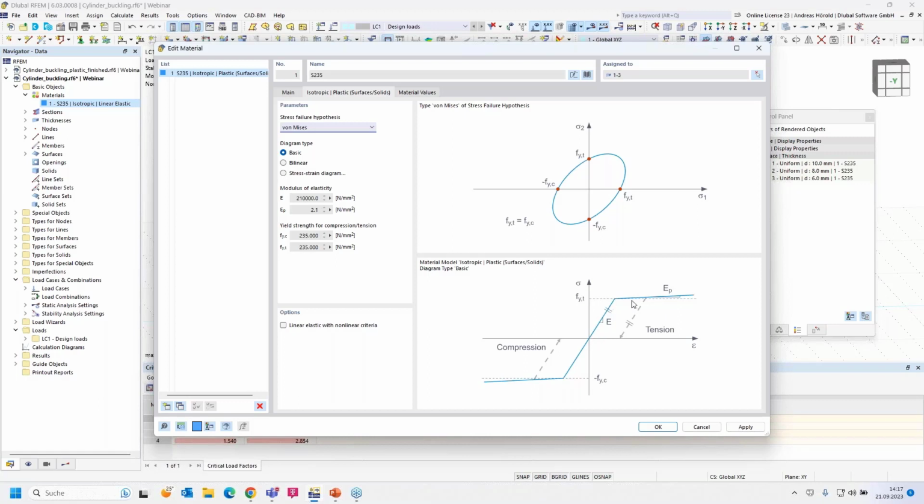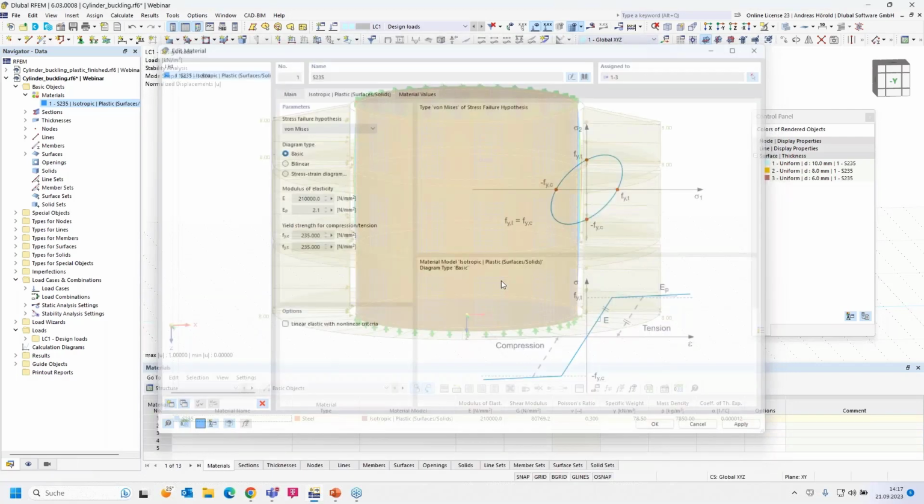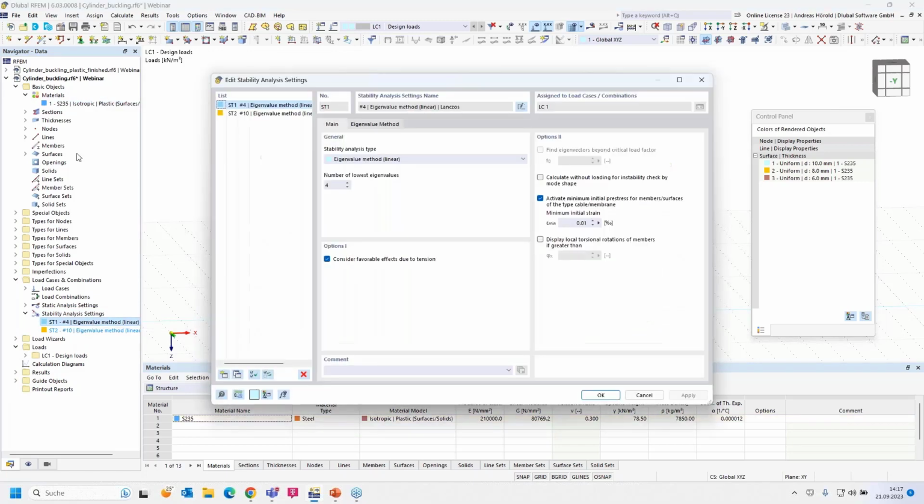I think you know that graphic for steel, the elastic path and the plastic path. Okay, and what we also need to do is to change the stability analysis settings. I double click on it as well in the navigator data.